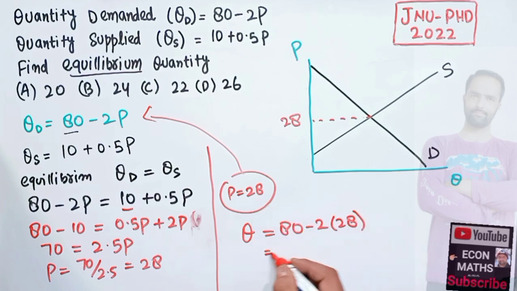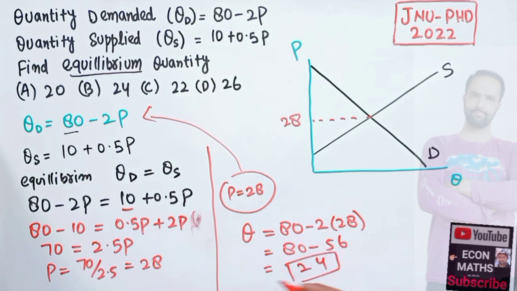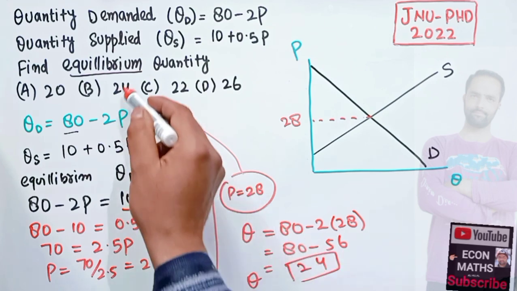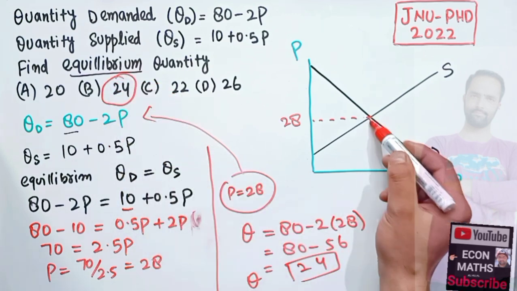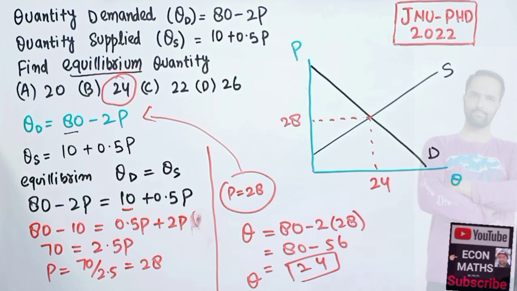This comes out to be 80 minus 56, which is 24. The equilibrium quantity will be equal to 24, and the correct option should be this. Equilibrium occurs where the demand and supply functions intersect each other. So our equilibrium price is 28, and the equilibrium quantity is 24.